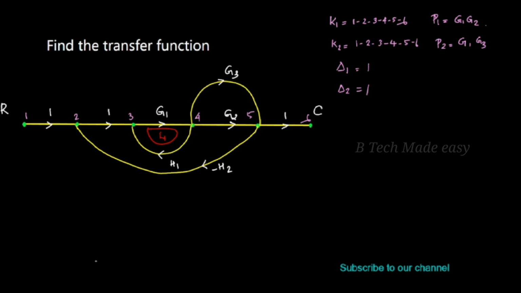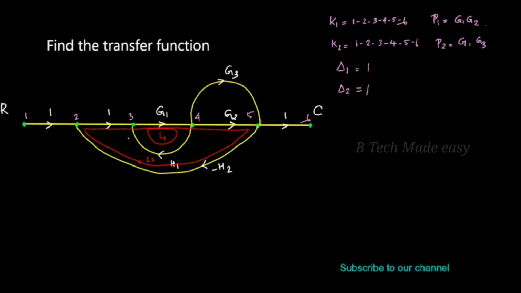Then what is the second loop? It starts from node 2, passes to node 5 and ends at node 2. This is the second loop, L2.